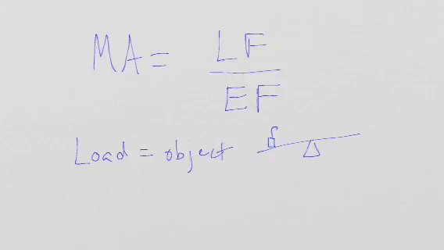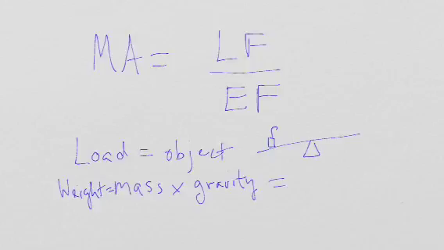If I take that object's mass, I can measure that. And if I have an object's mass, I know that its weight is going to be equal to the mass times the gravitational constant. Right? And weight is a force. Your weight is your load force.